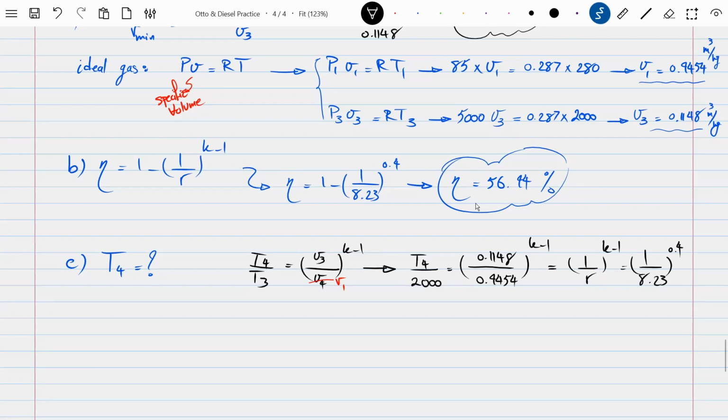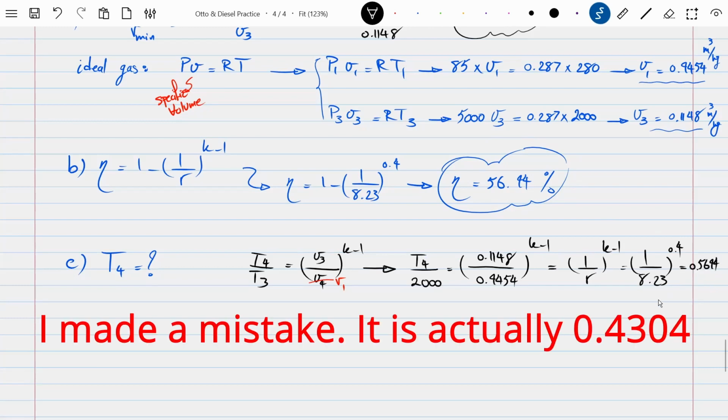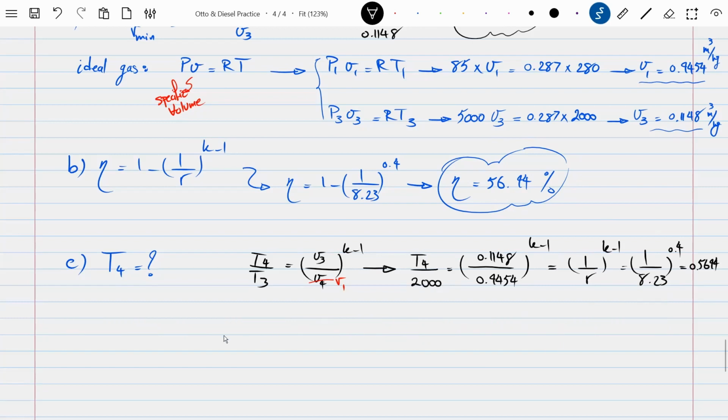From the efficiency calculation, we know what this right-hand side is. The right-hand side is 0.5694. All that's left to do is find T4 now. So T4 is 1138.8 Kelvin.